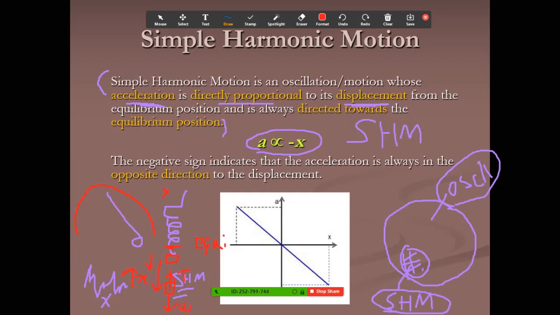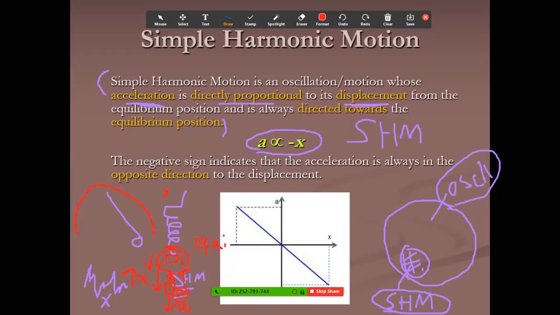This is position 1 and this is position 2. Tell me at which position the net force is highest, at 1 or at 2? Anyone?